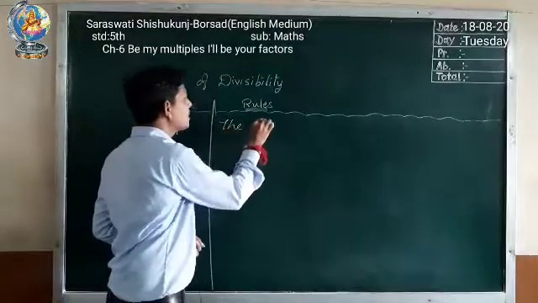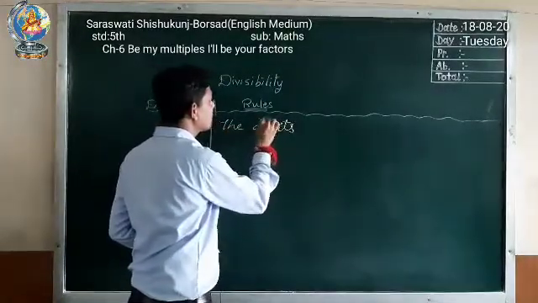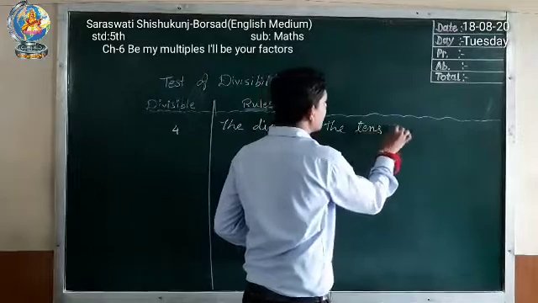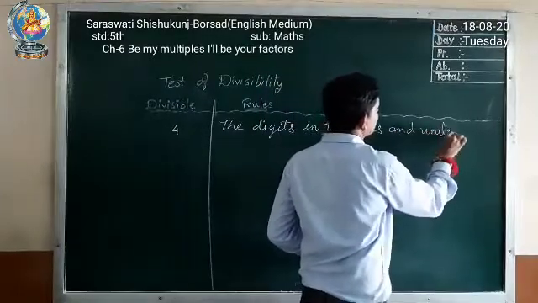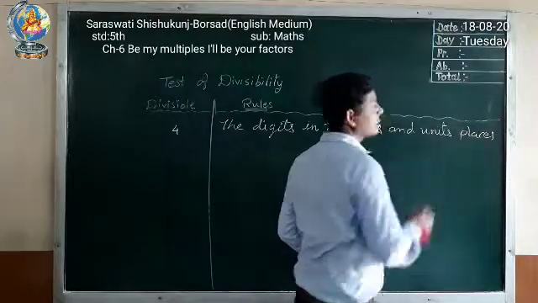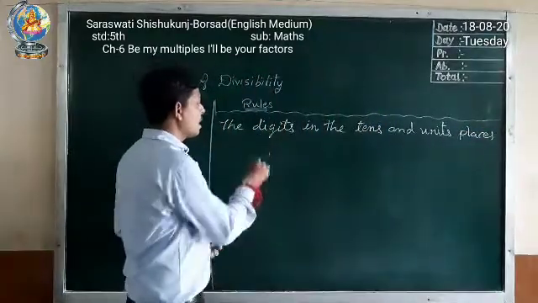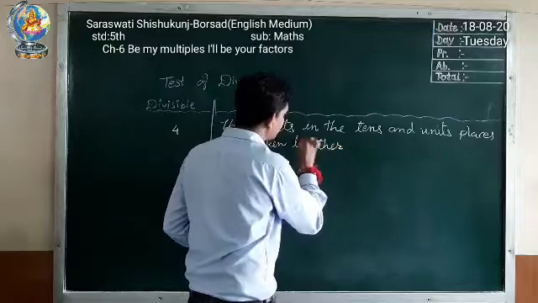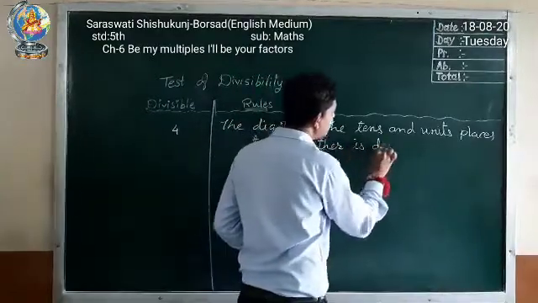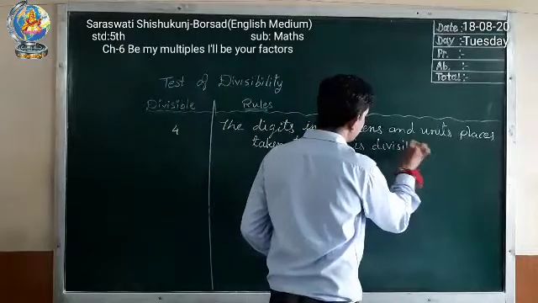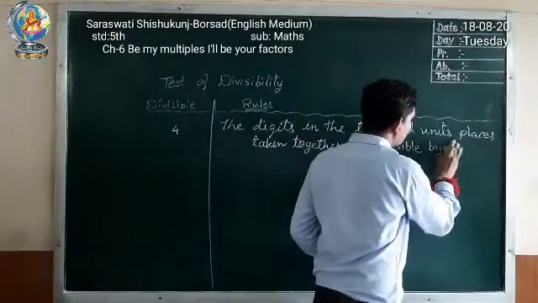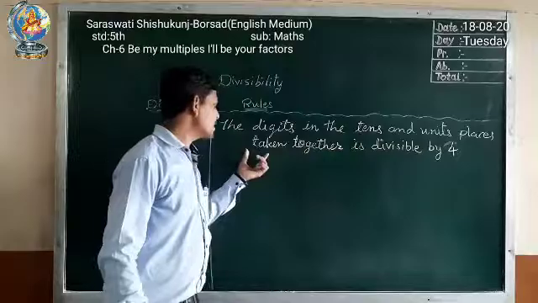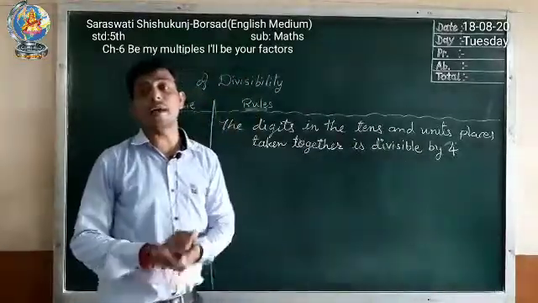The digits in the tens and units place taken together are divisible by 4.